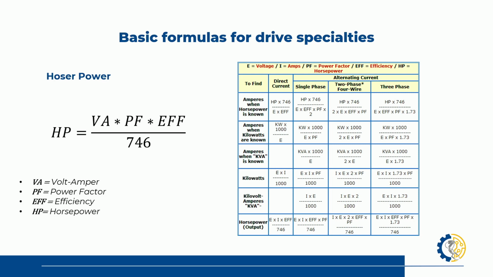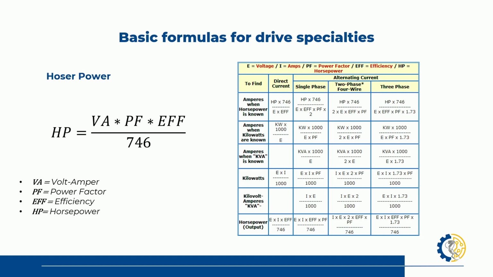If we don't have that data, don't worry about it. Okay? Simply put, as long as we have our voltage times our current over 746, which is a constant, it's never going to be modified, we are going to get our HPs, our horsepower.